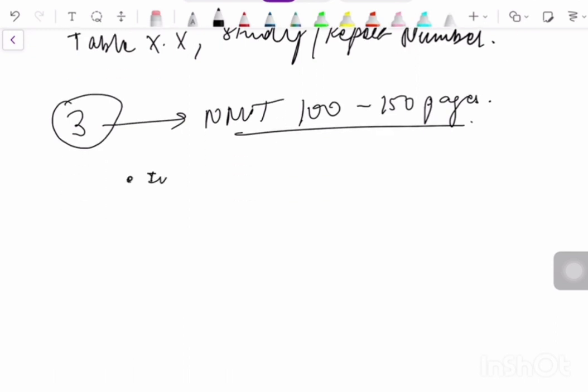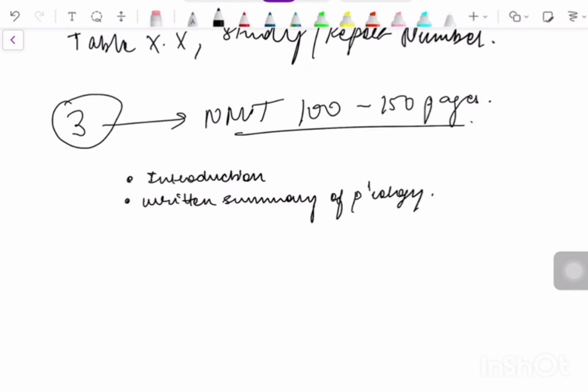So first you will write about the introduction, then a written summary of pharmacology, tabulated summary of pharmacology.